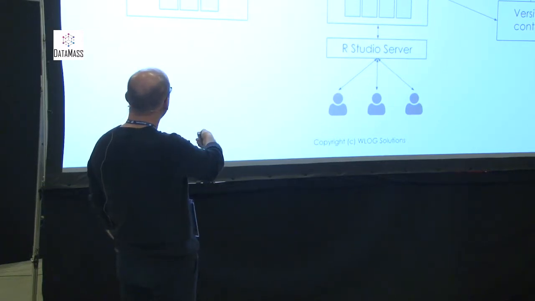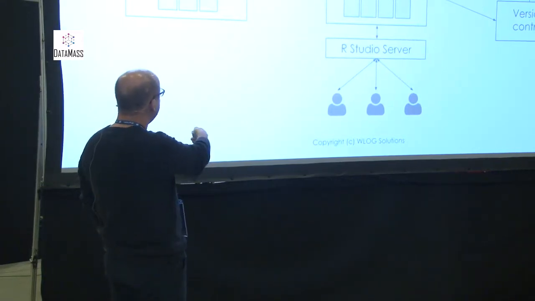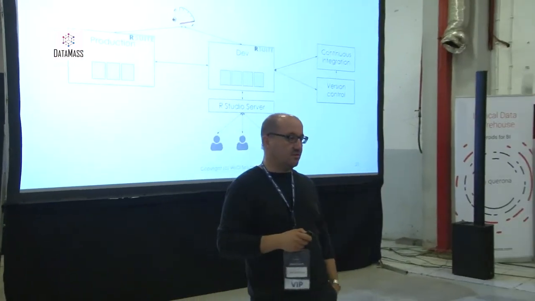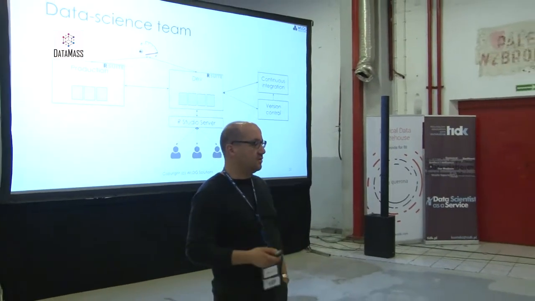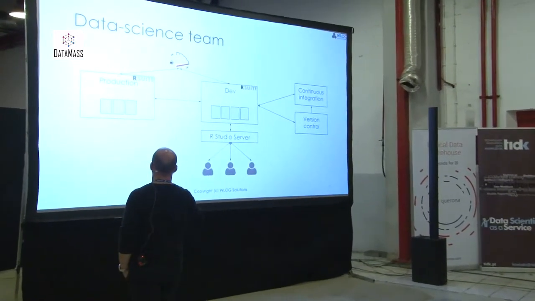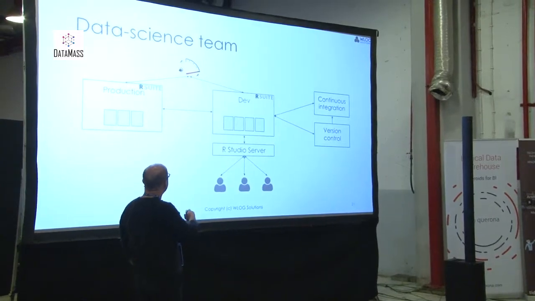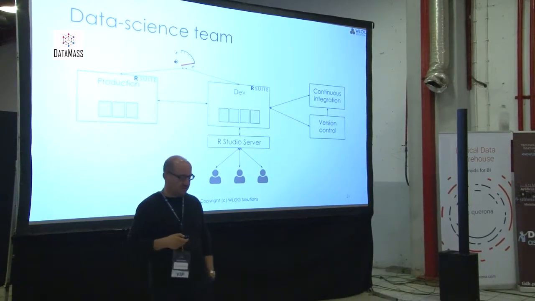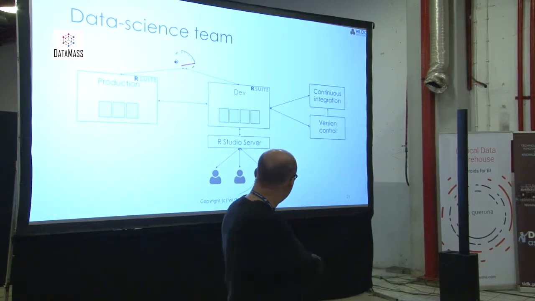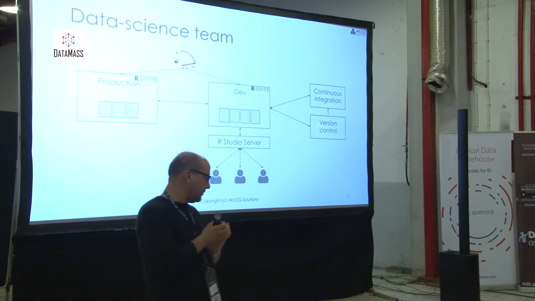So what you can see on production is completely separate. This is not connected to anything. You just put a solution there. You don't install any packages here. It's just R here. And this is a resource manager, a resource monitor, developed by us to monitor how many resources the users are using.